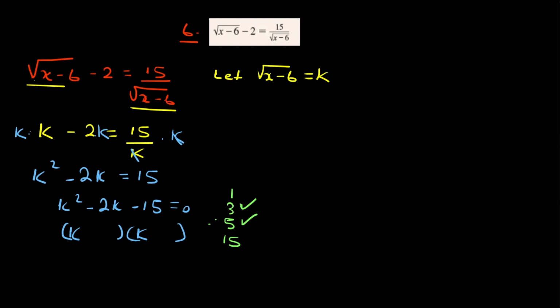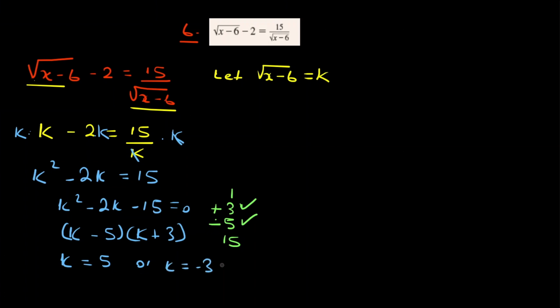You can say negative 5 plus 3 can give us negative 2. When you multiply positive 3 times negative 5 you get negative 15. So we can write negative 5 and positive 3. And we can see that k is equal to 5 or k is equal to negative 3.